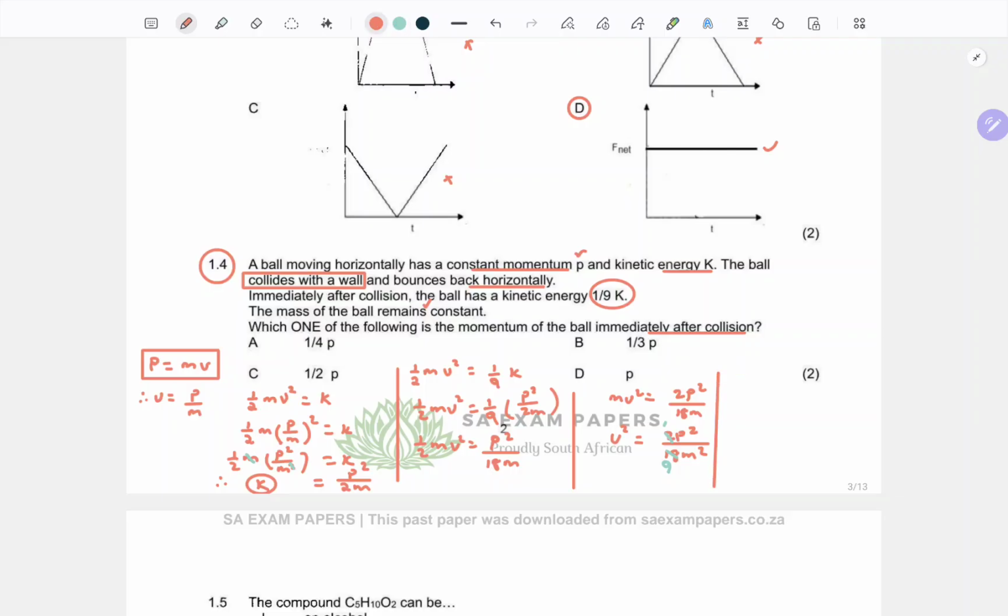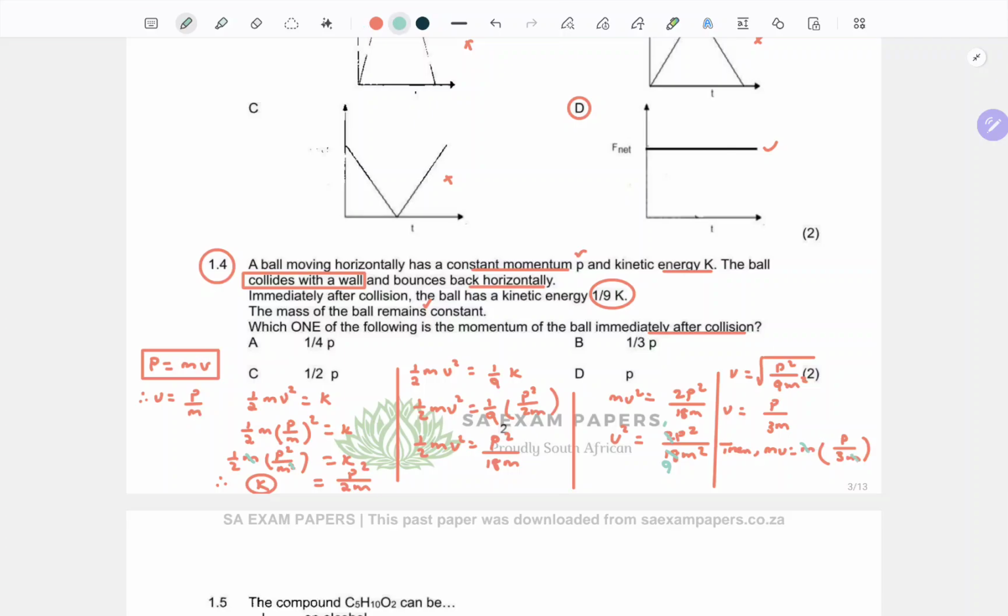Then as we continue, we know that the velocity is going to be the square root of P squared over 9M squared. Now this means v is going to be just P over 3M. So the momentum P, or let's just say mv in this case, is going to be the mass into P over 3M.